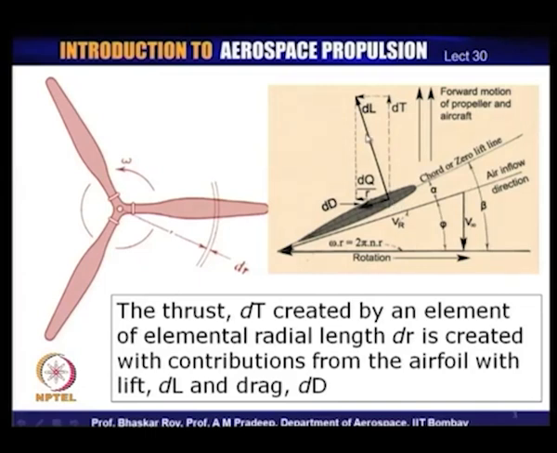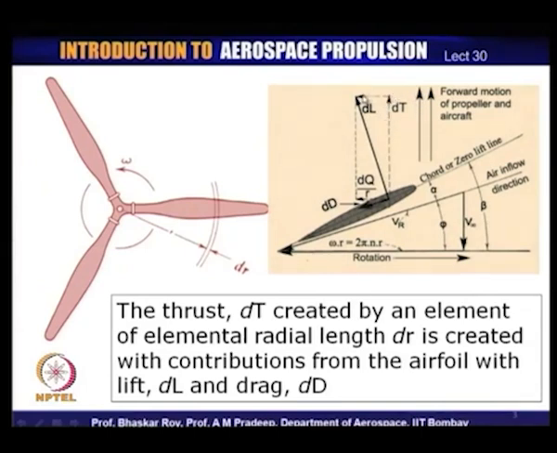Now, if you decompose the elemental lift dL and the elemental drag dD into two other directions, which is the direction of motion of the propeller and the aircraft together, and perpendicular to that, you get two forces. The one which is in the direction of motion of the propeller and the aircraft together gives you the thrust.